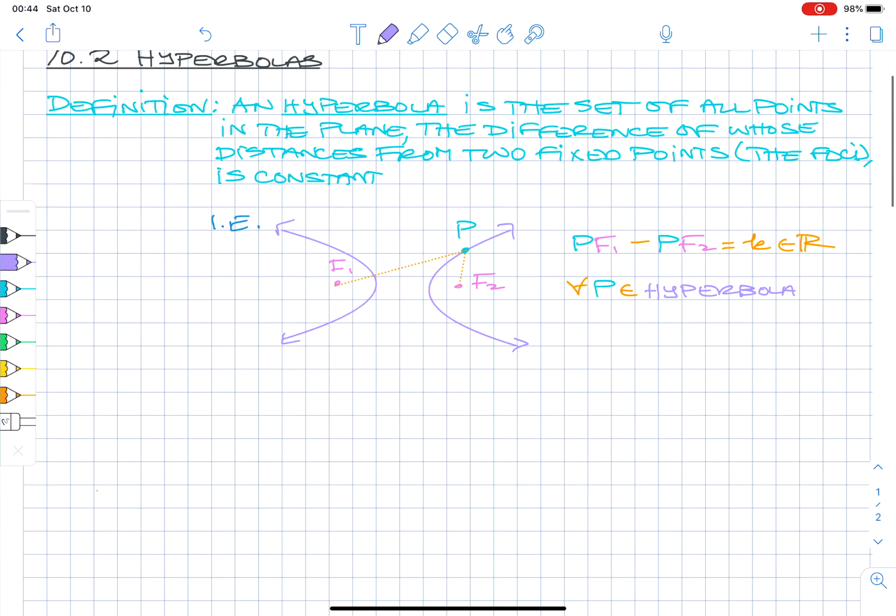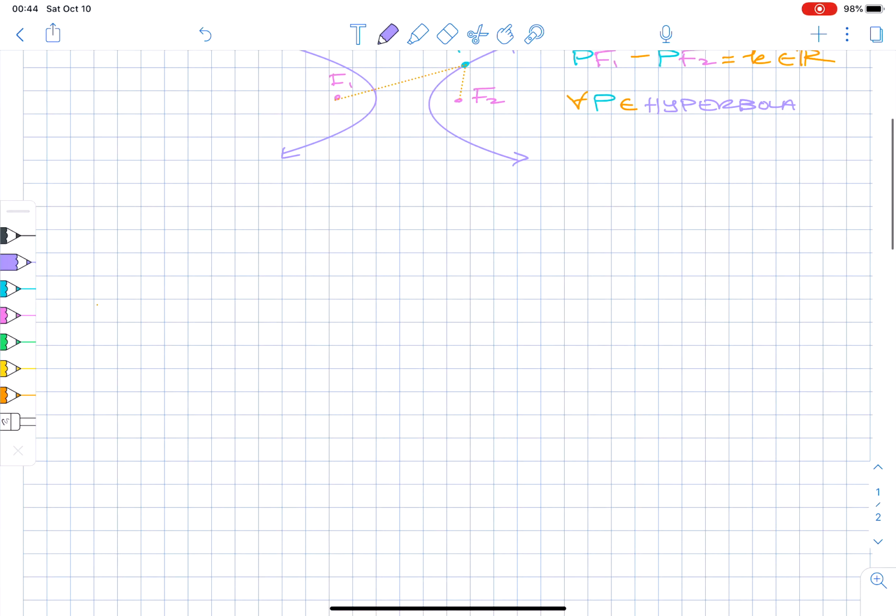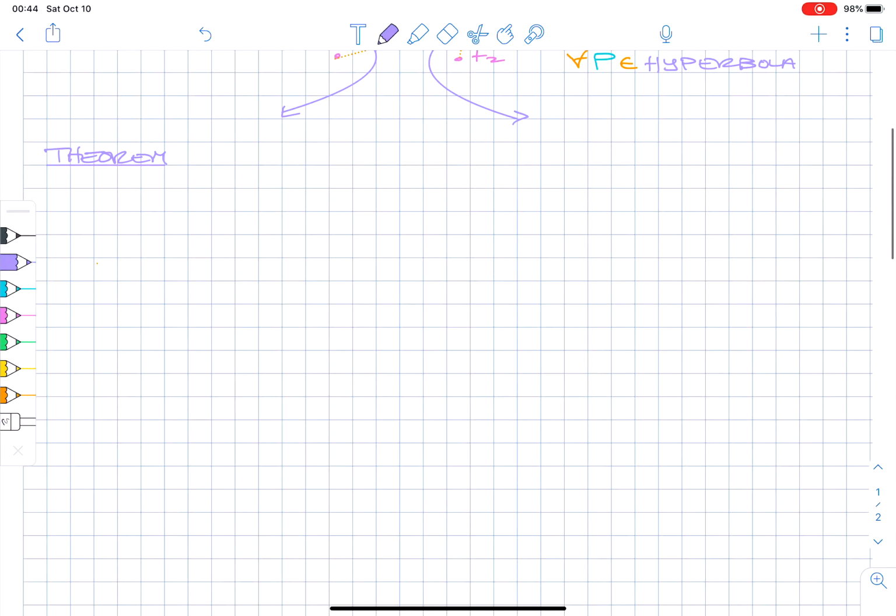Okay, so theorem. We have two distinctly different types of hyperbolas, but let's try and do it as one.